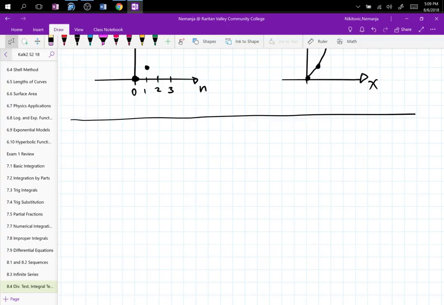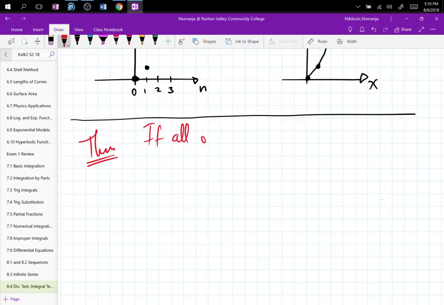So let's take a look at what I called the harmonic series before. Let me write the theorem first for the integral test. Conditions.